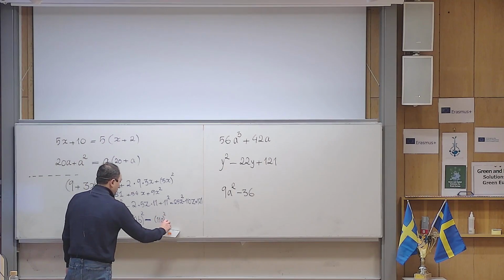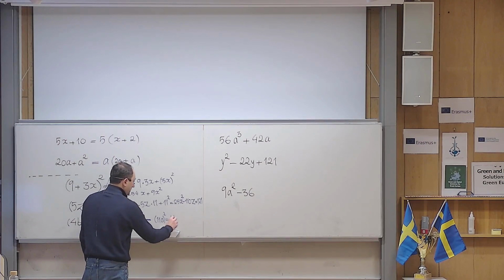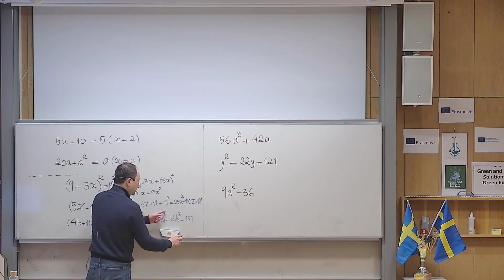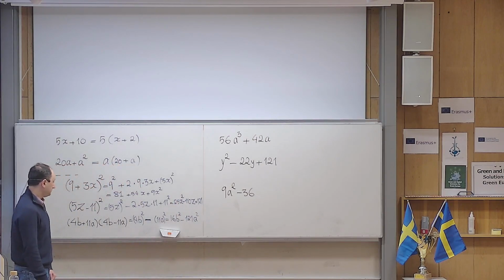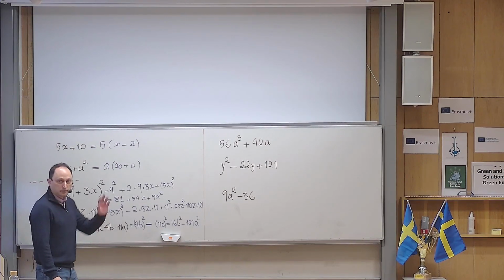And then you have to go one step further. 4b to the power of 2 is 16b squared. And 11 to the power 2, as we had here, is 121. a to the power 2 is a squared. Yes, as simple as that. Any questions? Are you following?